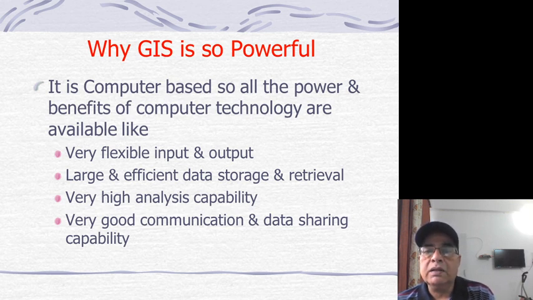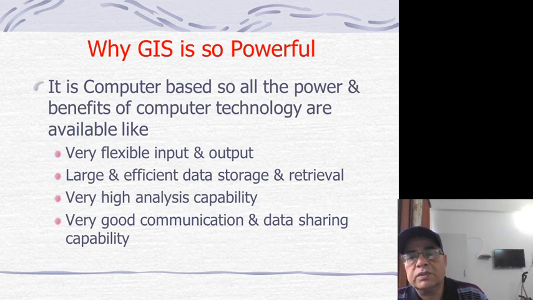So all the power and benefit of computer technology are available, like very flexible input and output, large and efficient data storage and retrieval, very high analysis capability, and very good communication and data sharing capability. So what do I mean by very flexible input and output?